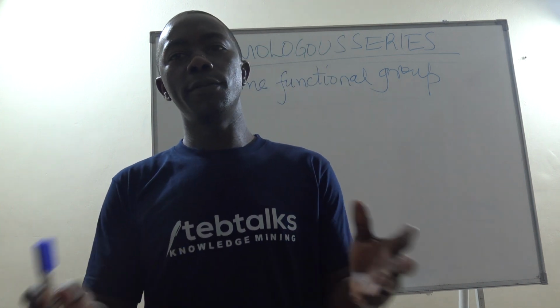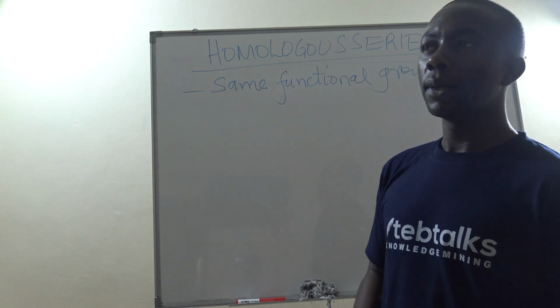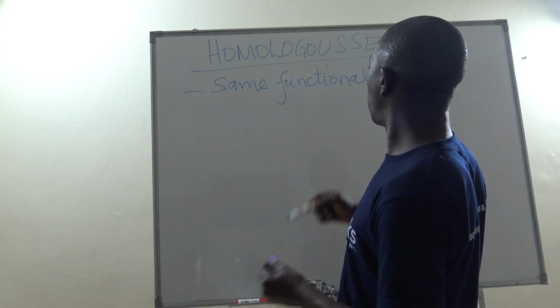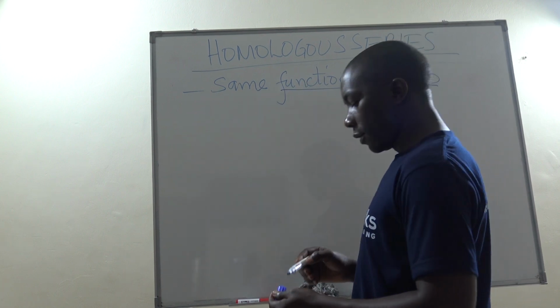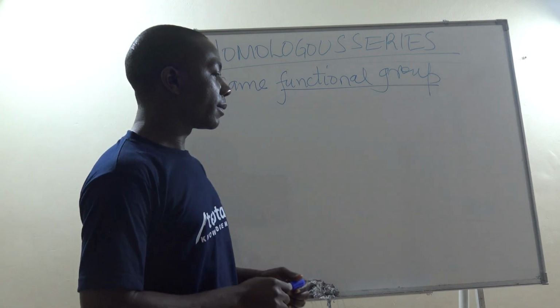Take an example, they may have different molecular weight, different number of carbon atoms, everything different. But for as long as they have the same functional group, then they qualify to be under the same homologous series.